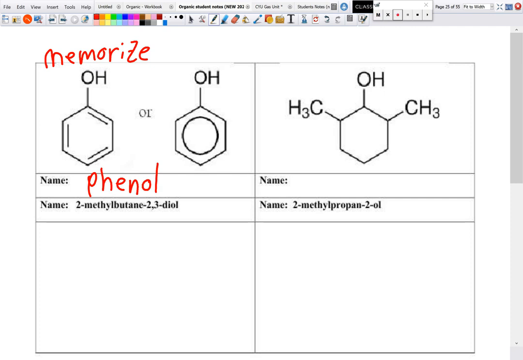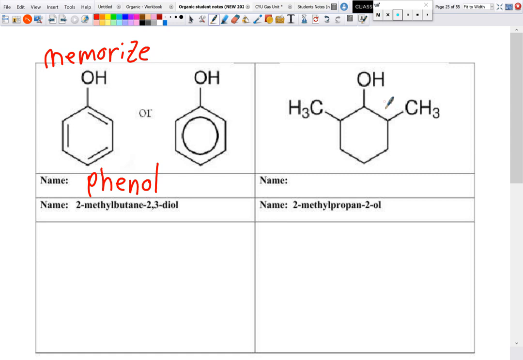You just need to have that memorized, right? So whatever other name you think it might have, don't call it that. It's just going to be phenol. All right, so even when you're saying that name, really try to pronounce that OL so you don't get confused with phenyl.